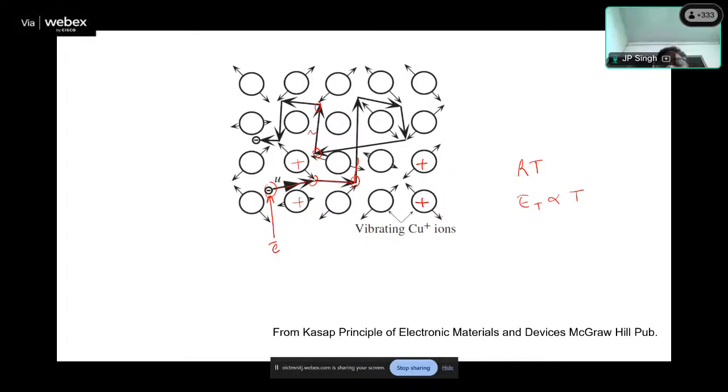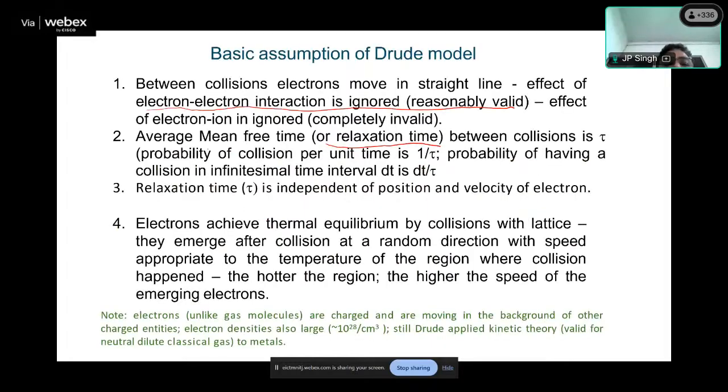Suppose this time is tau. If you take the average over all the charged particles, this gives us the mean free time, which is the time in which electrons move without any scattering between two scatterings.